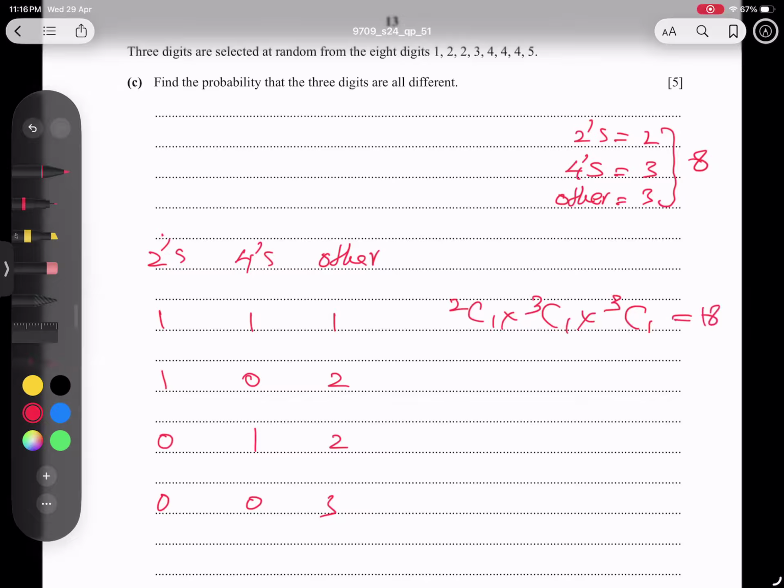Okay, let's do the next option. Now I need 1 here, 1 from here. So 2C1, and 0 is not required, leave it. And from here I need 2. So 3C2. 3C2 is basically 3, and so we are getting here 6. Next option. Now out of the 4s, how many are there? 3 fours.